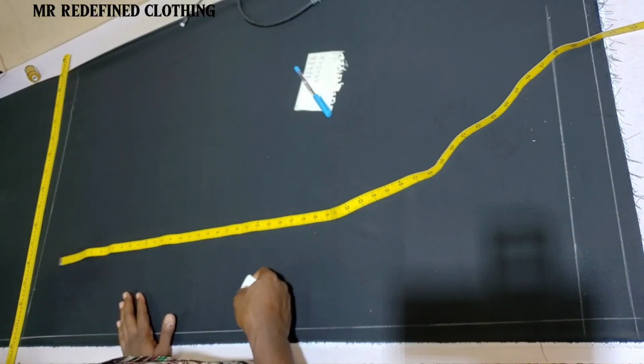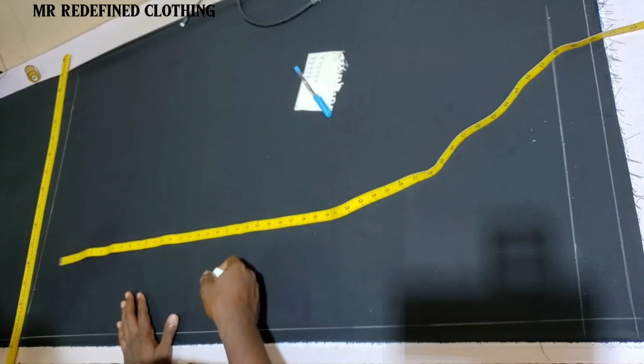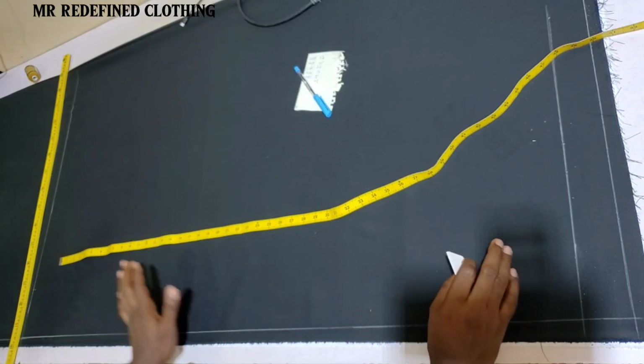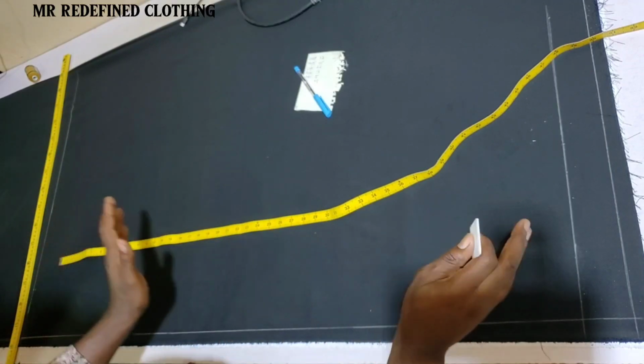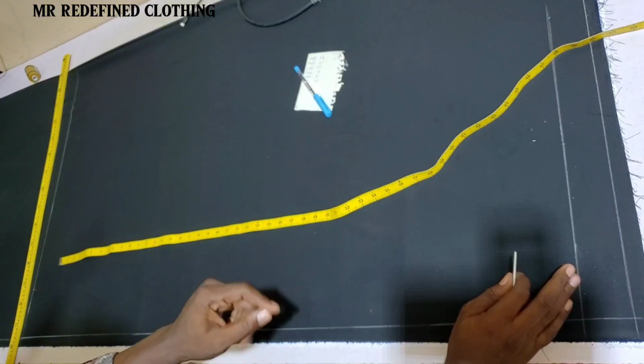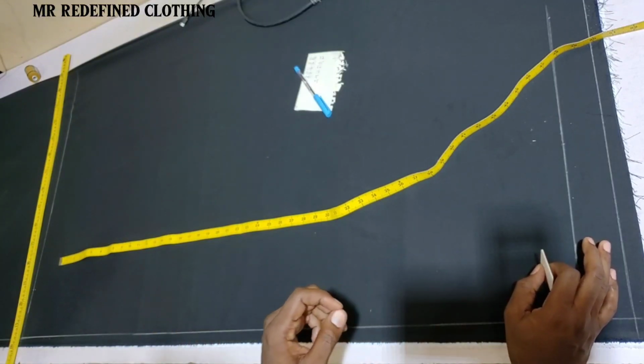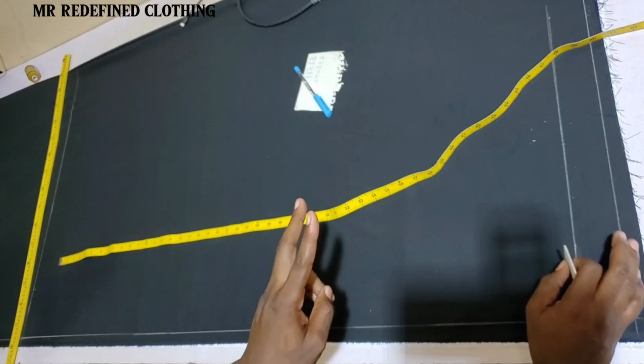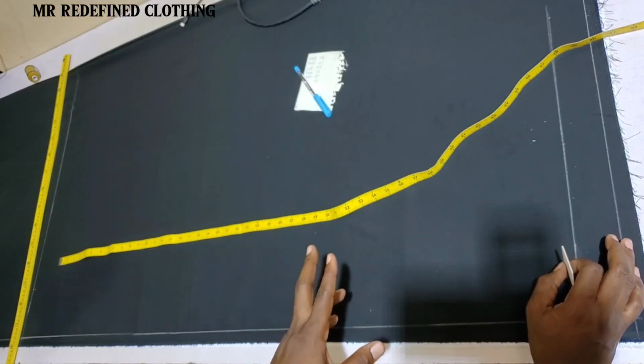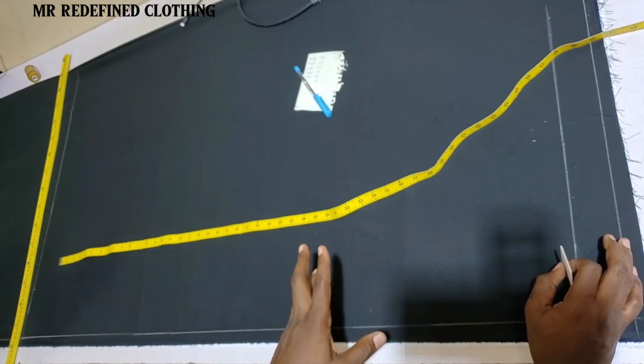Divide the hip by 4 and then get your crotch measurement. But in this case, this person's hip by 4 might not work, right? So the next thing we want to do here is to cross-check 2 or 3 formulas that will give us a reasonable answer for a crotch.